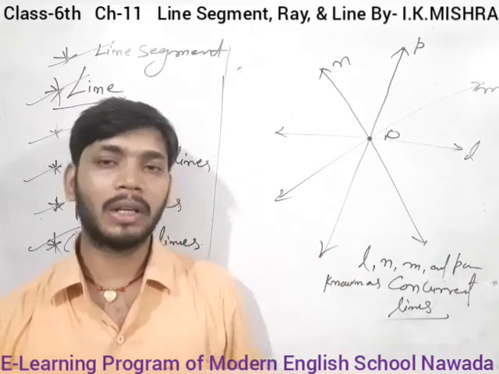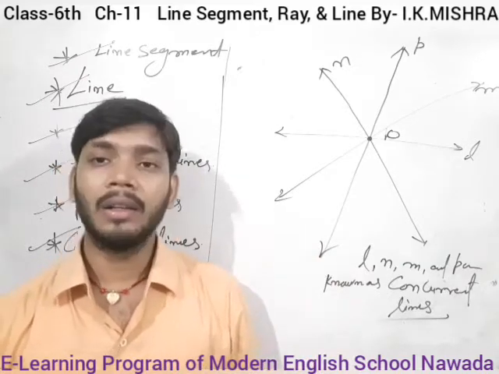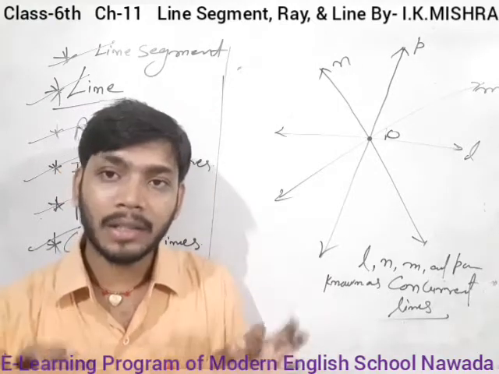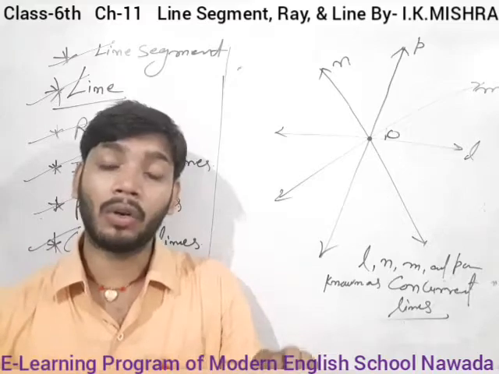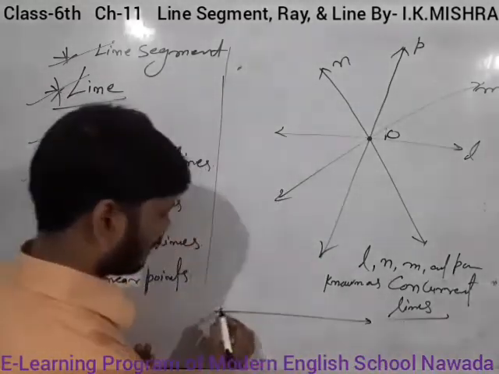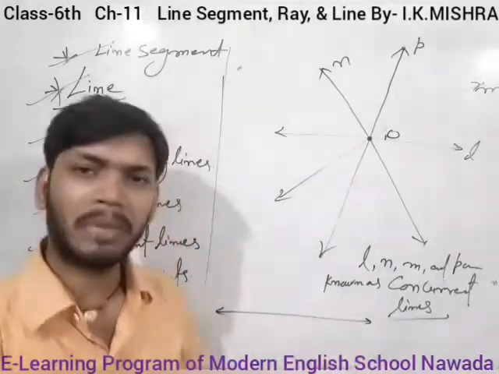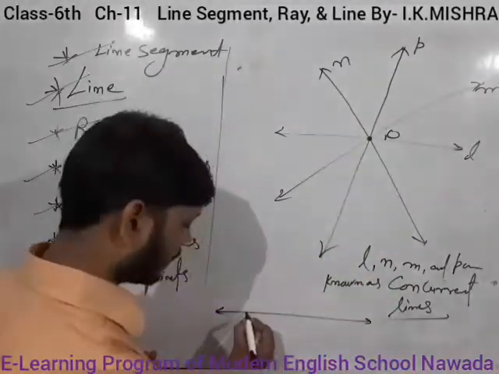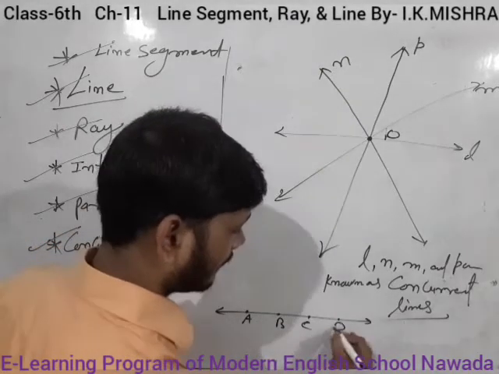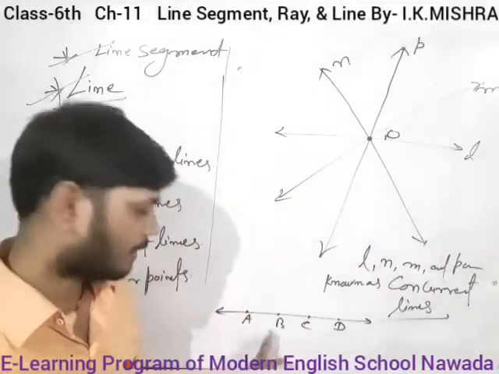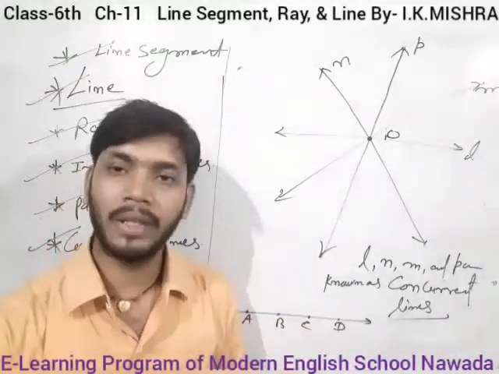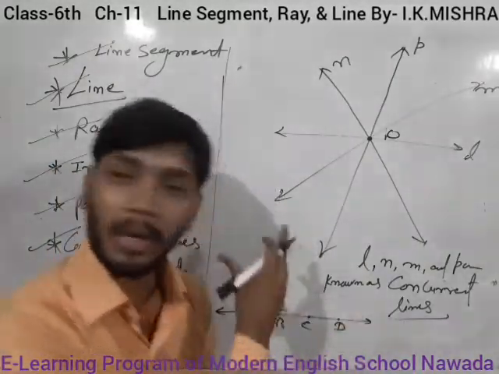Students, now proceed to our next term, collinear points. What do you mean by collinear points? Those points that lie on the same line. Suppose I draw a line, and you know there are an infinite number of points on a line. Here I represent point A, point B, point C, point D. All of these points A, B, C, D lie on the same line.